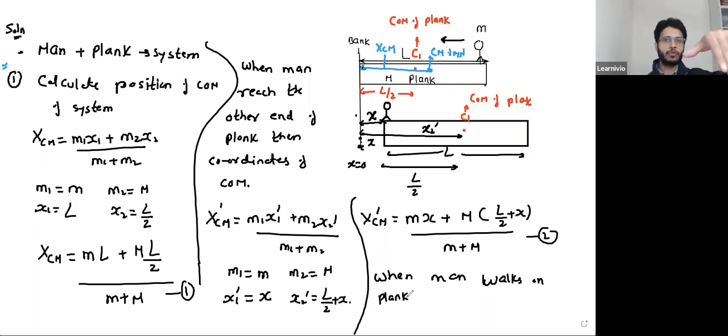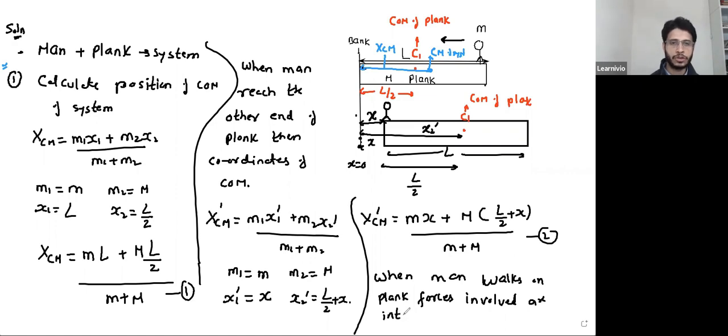When this man is walking on the plank, the force exerted by man on the plank is internal or external? Internal, yes, because your system is man plus plank. The force which man exerts on the plank is internal. Forces involved are internal.